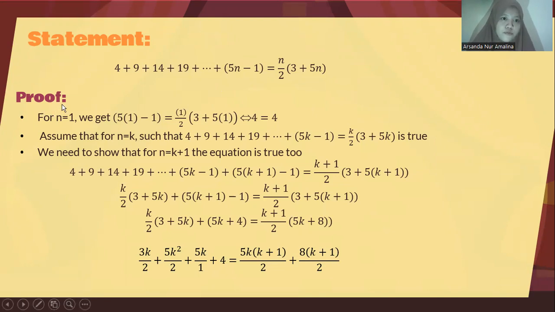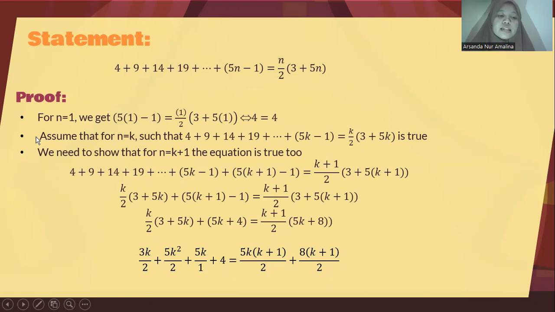In proof by induction, first we choose any n number. Here I choose n equal to 1. You can use any other number like 2 or 0. Then we substitute n equal to 1, and we get 4 equal to 4. It satisfies the statement, right? So in the first case, the statement is true.